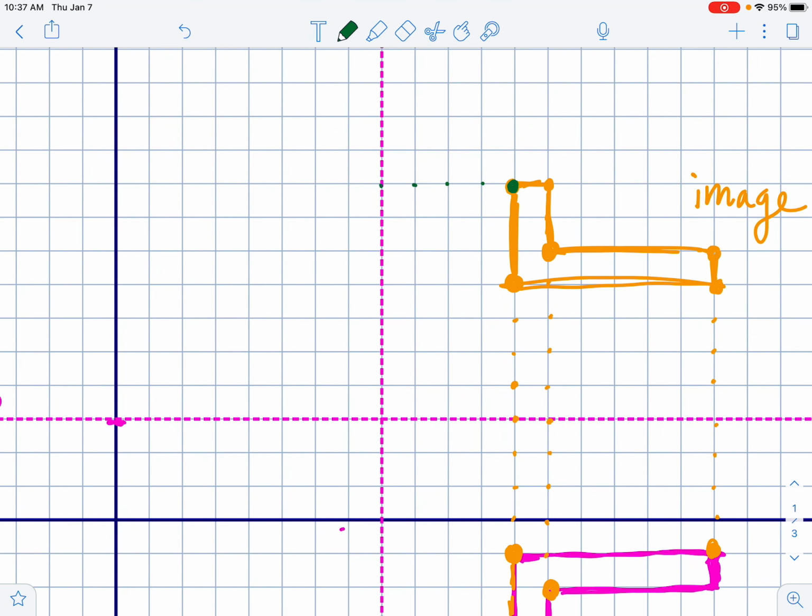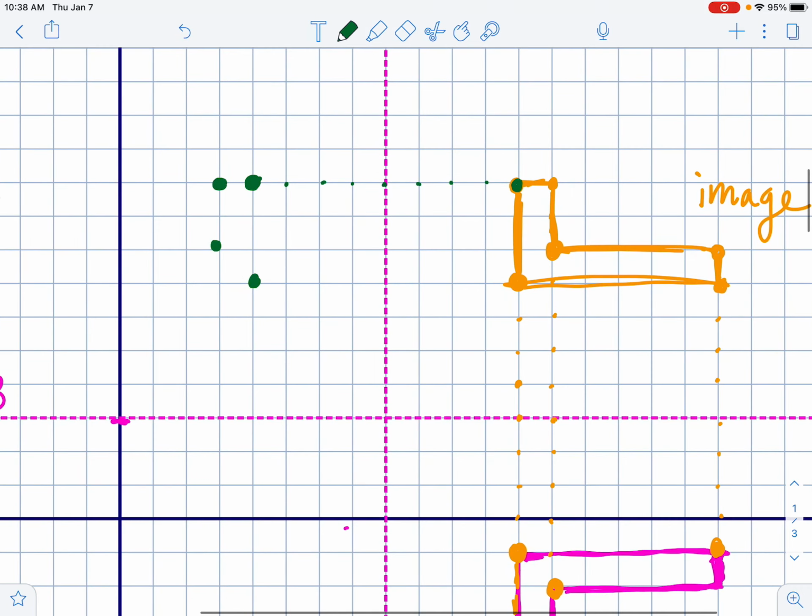So this point right here is 1, 2, 3, 4 dots away from the mirror, so it's 1, 2, 3, 4 dots away over here. Then that next corner is 1 up, then 2 down. This is 3 down. You can do it just by figuring out how many units away each corner is, or you can use the mirror reflecting process.